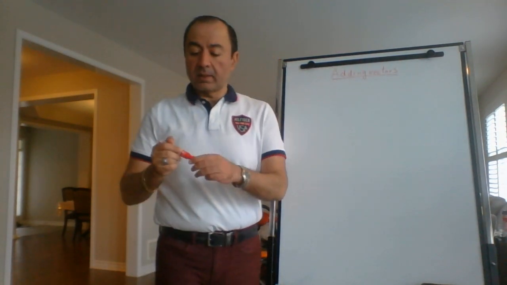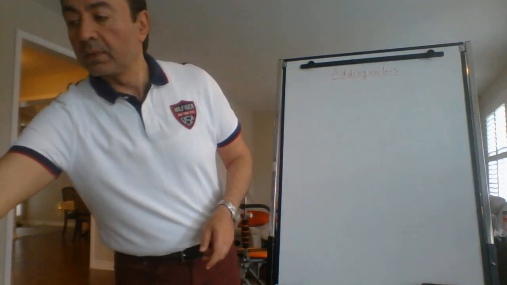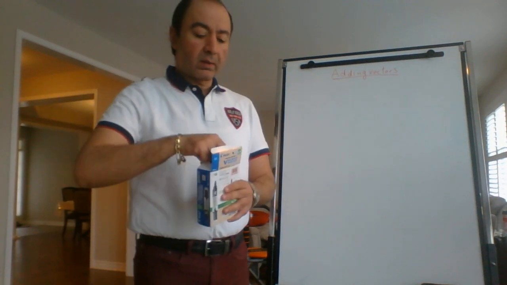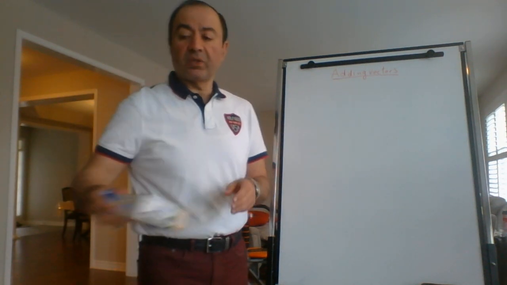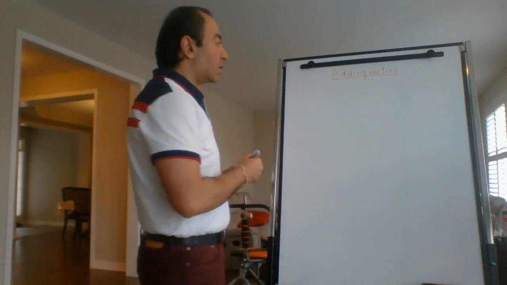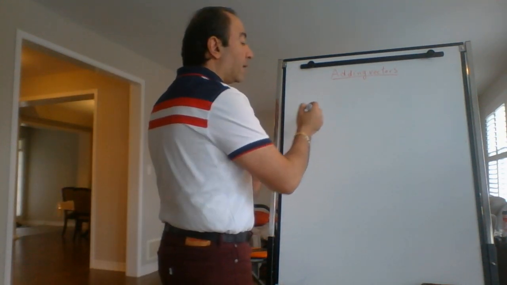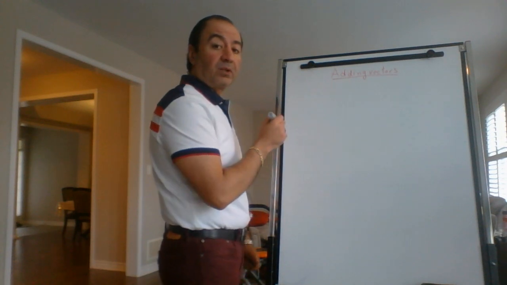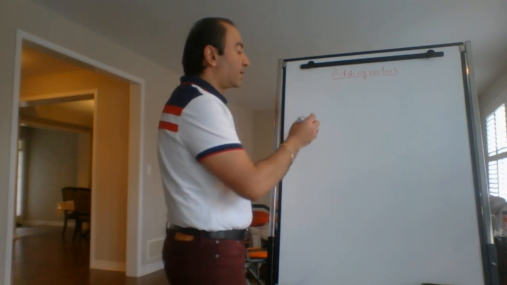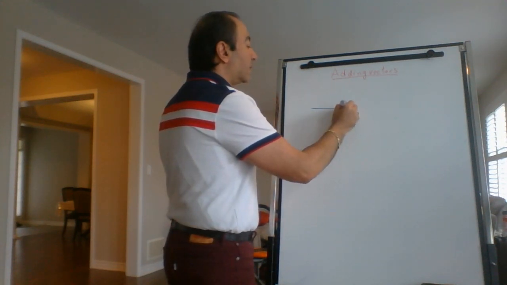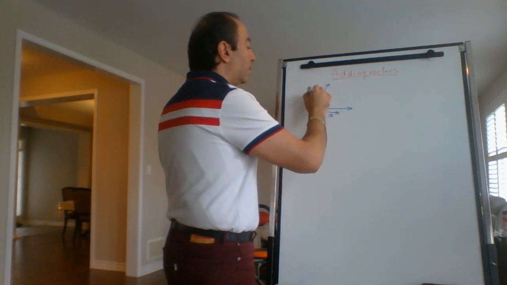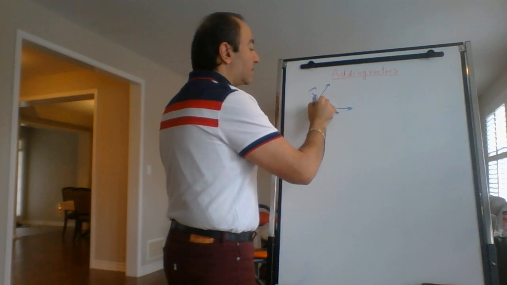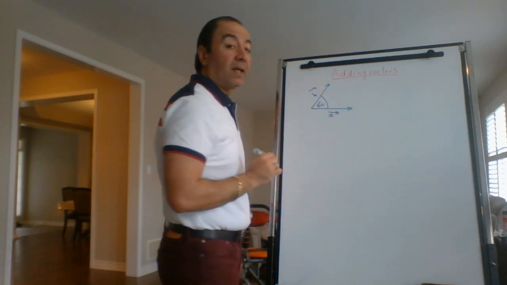Before I start, I want to tell you, when we are talking about the angle between vectors, we mean the angle between the tails of the vectors. So when I say the angle between vector A and B is 60 degrees, that means this is vector A and this is vector B, and 60 degrees is the angle between the tails.